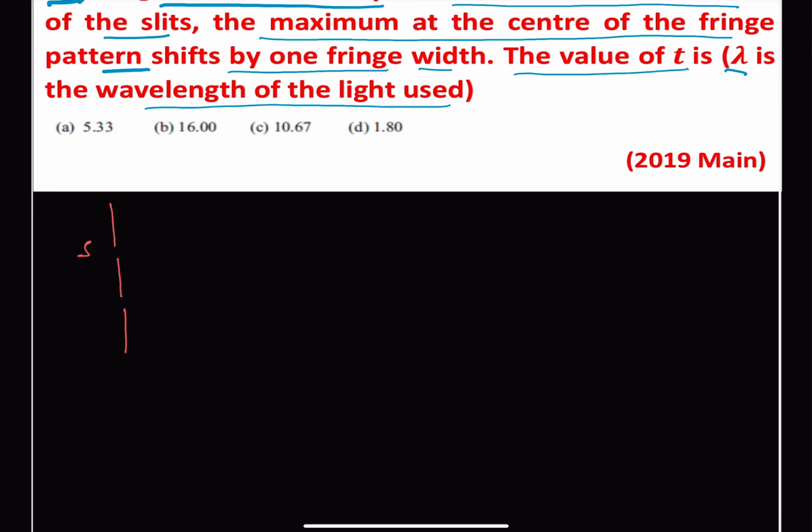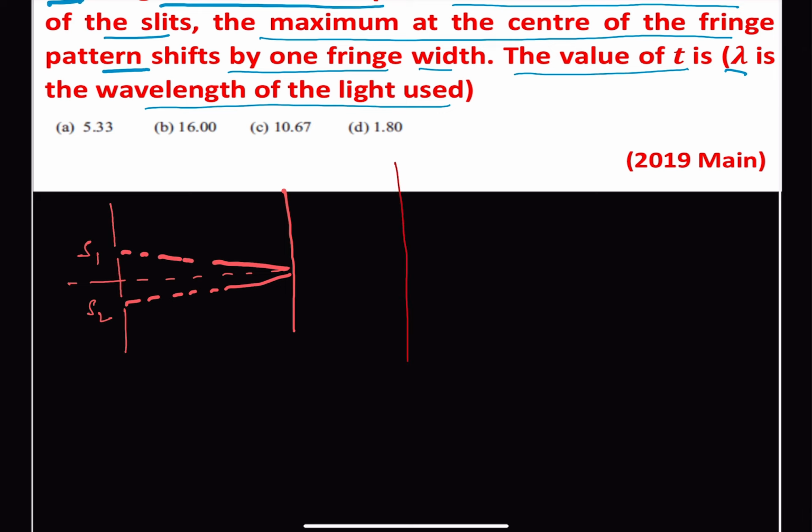One slit is S1 and another slit is S2, and the maxima, let us suppose, will be somewhere here. This is the position of the maxima, and this is our central bright fringe, where delta x will be equal to 0.